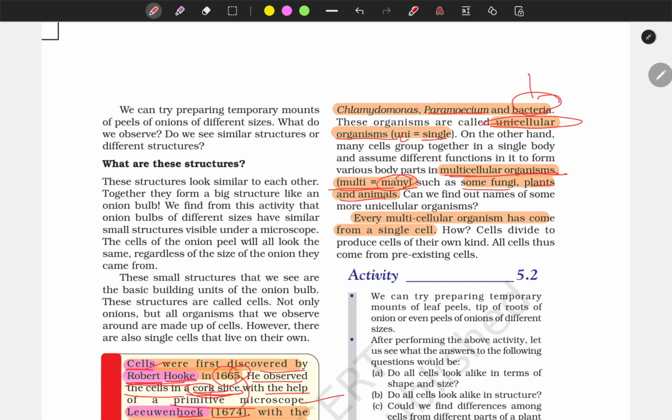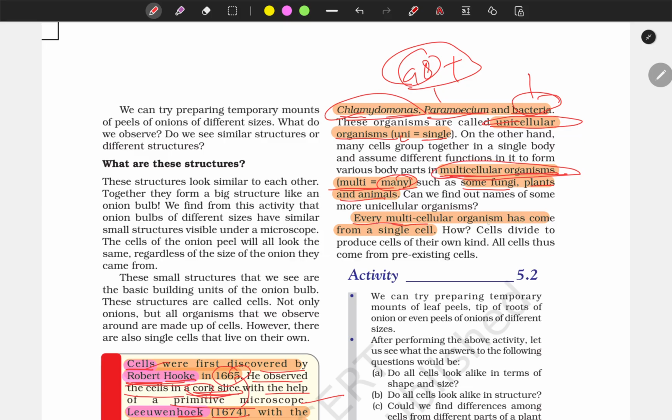Only bacteria and some paramecium, amoeba, and Chlamydomonas, I don't know how to pronounce it, are single-celled, and most of the others, like 98 percent or more of organisms, are multicellular.